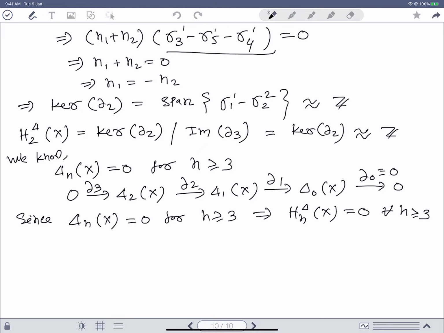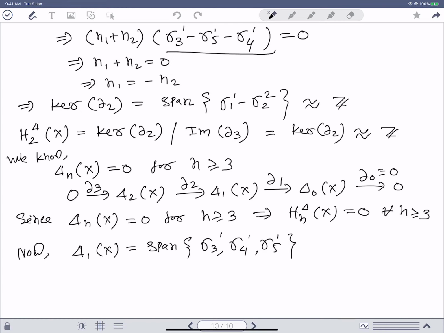Now what about my H1? For that we need the kernel of delta 1, right? Now first we write delta 1 X, this is spanned by sigma 3, sigma 4, sigma 5.